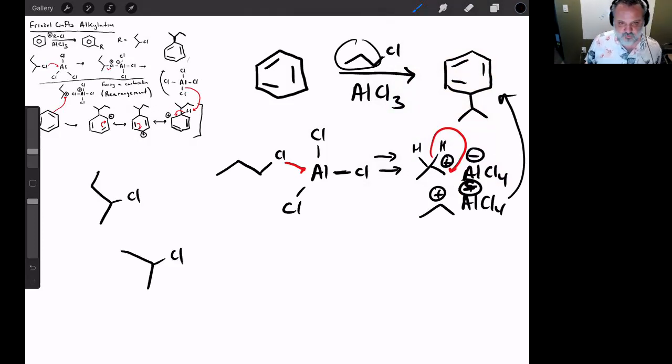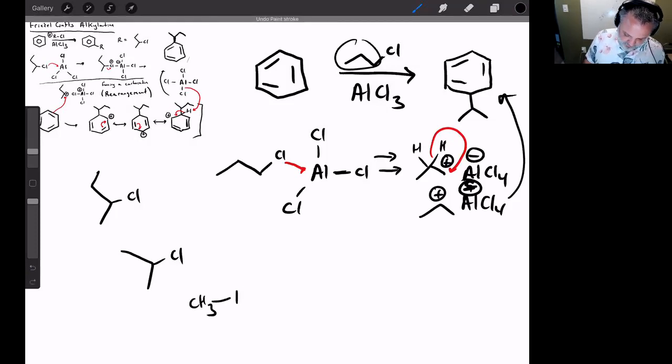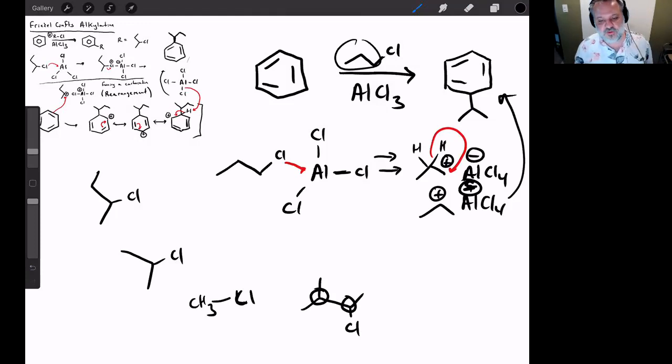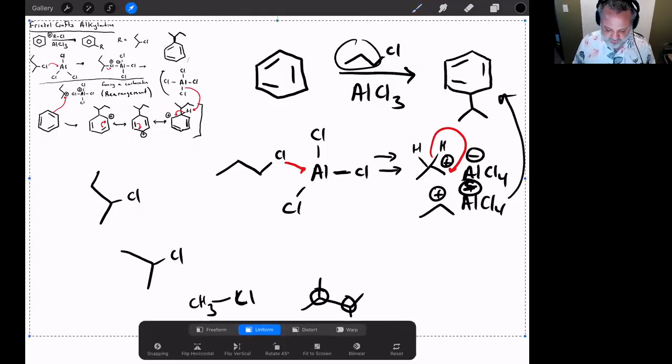These would all form the more stable and symmetrical cations. Of course, a methyl chloride wouldn't have to worry about any sort of rearrangement. But once you start to get a little bit more complicated chlorides, then instead of forming carbocations and doing alkylations at that point, you'll start to do some rearrangements, and they'll attach in different locations. So think about rearrangements as a possibility.